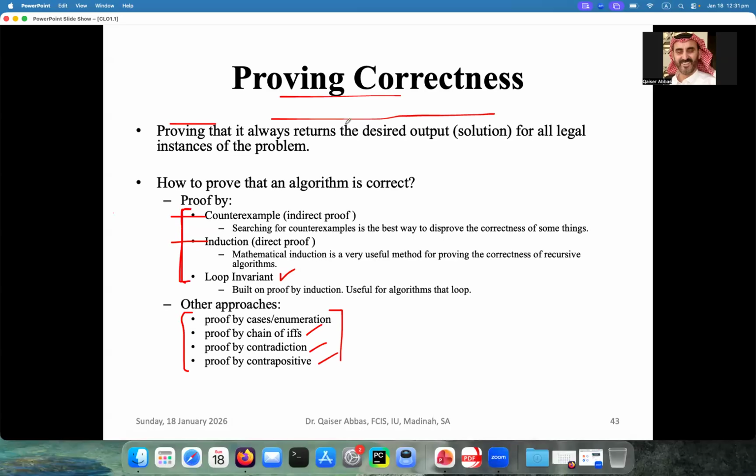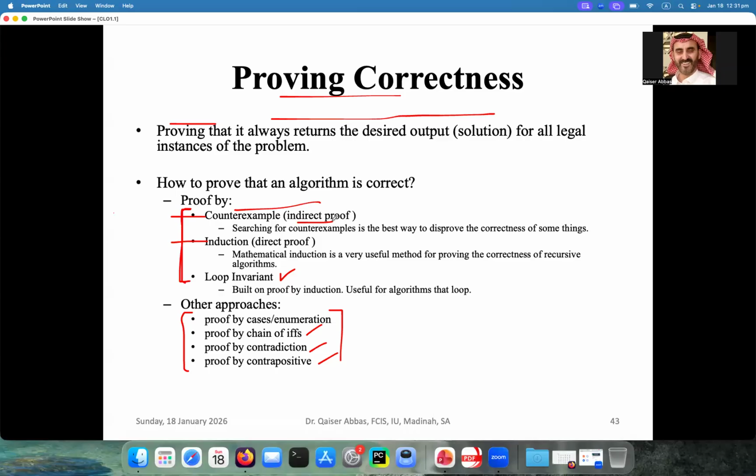Correctness. First is through counterexample, also called indirect proof. In this, we will search for some counterexample. If somebody is saying that my theory is correct, then according to that theory, you have to search for some counterexample, which means an example which makes that theory false.